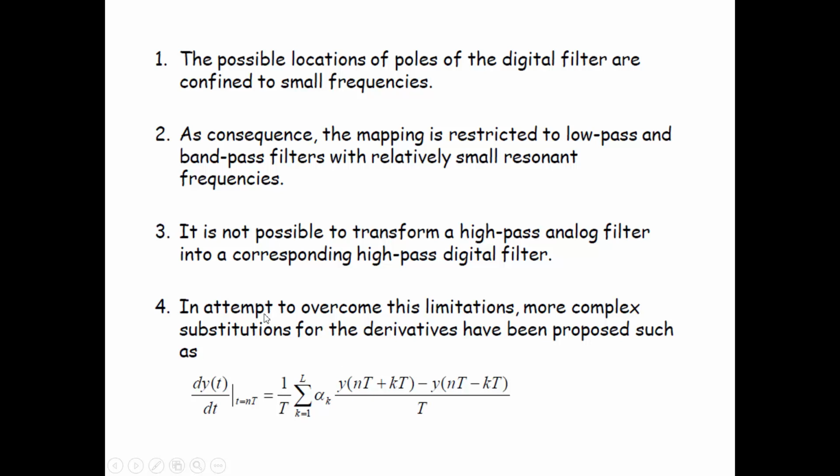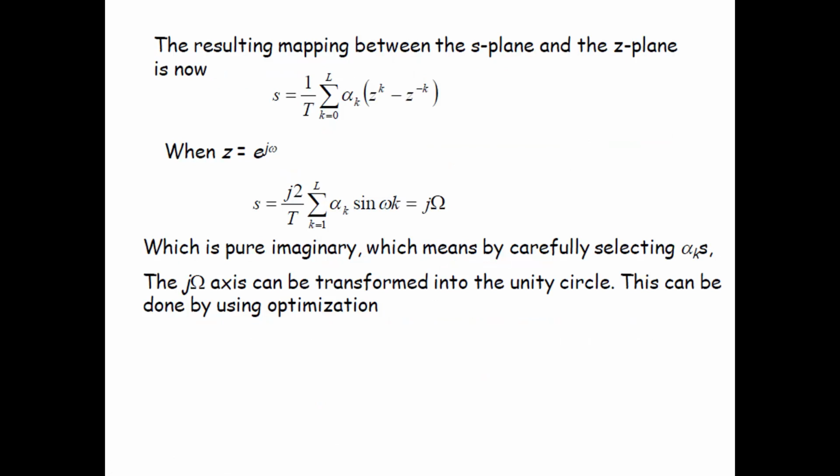This is the transformation whereby we can achieve the conversion of high pass analog filters to a high pass digital filter also, where dy/dt at t equal to nT will be replaced with 1 over T, sigma k going from 1 to L, alpha k coefficients, (y of nT plus kT minus y of nT minus kT) divided by capital T. If you use this transformation, we can get the high pass filter designed also.